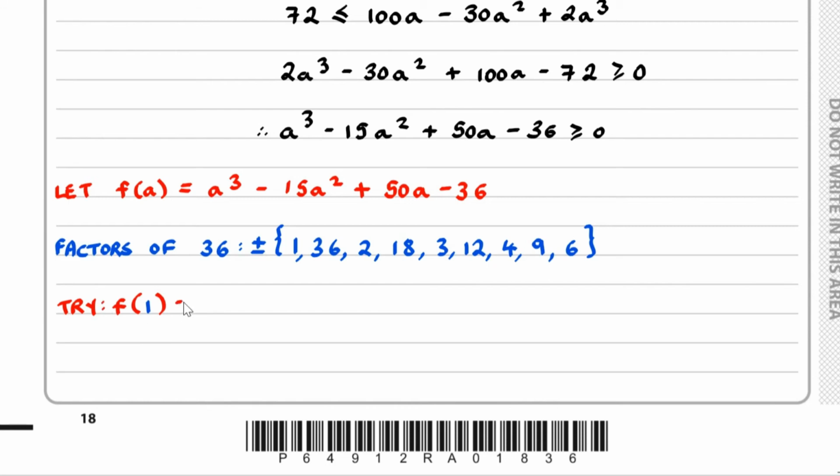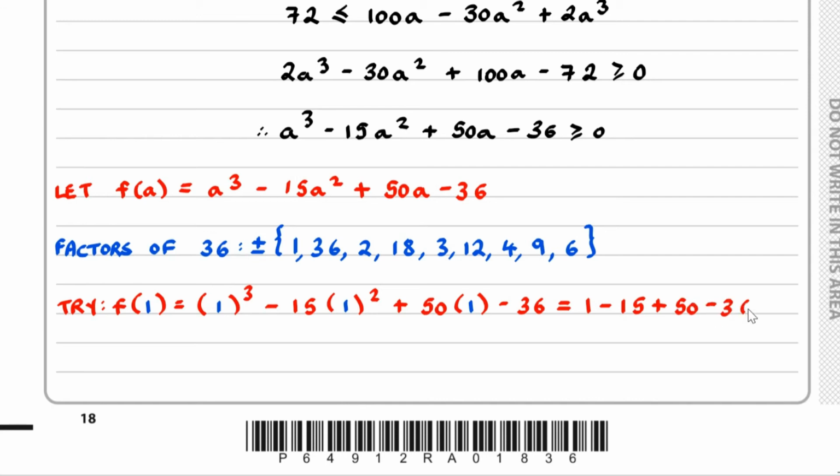So trying f of 1, we've got 1 cubed subtract 15 multiplied by 1 squared plus 50 multiplied by 1 subtract 36, and it turns out here we get 1 minus 15 plus 50 minus 36, which is 0.